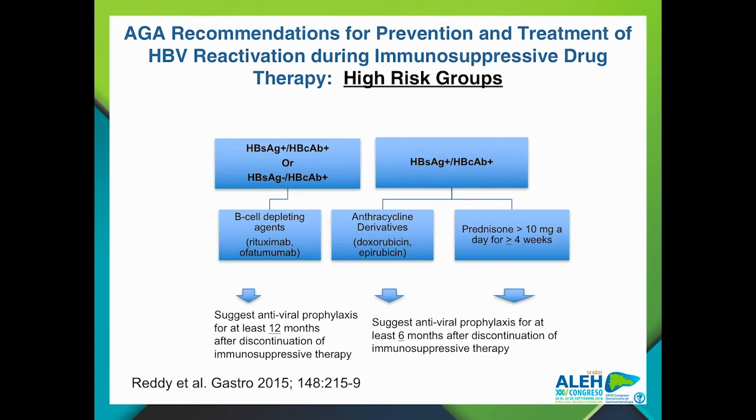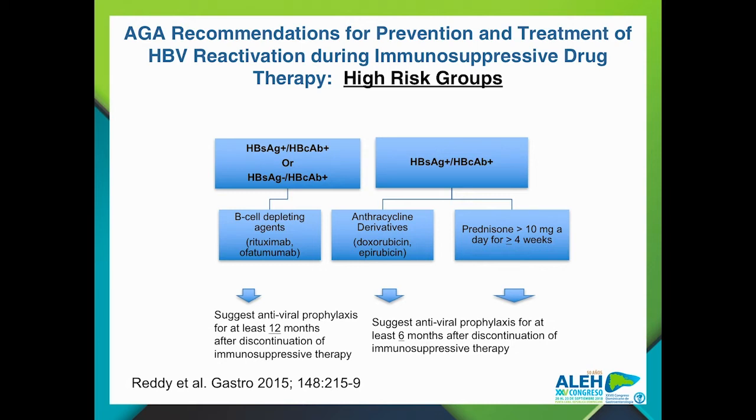Right? Dr. Raj Reddy, who's another person who trained me at the University of Miami, published this paper back in 2015, which really looked at what groups are high risk, moderate risk, and low risk. So if we look to what would be your left and look at those patients that are surface antigen positive and core antibody positive, or surface antigen negative and core antibody positive, so isolated core, those patients getting B-cell depleting agents, of which rituximab is the most common, need to be started on prophylaxis and then need to be continued for a year afterwards.